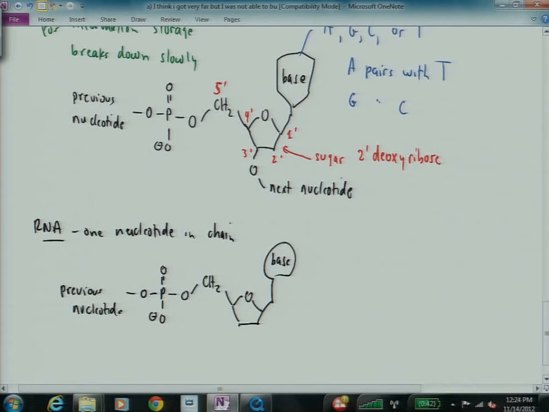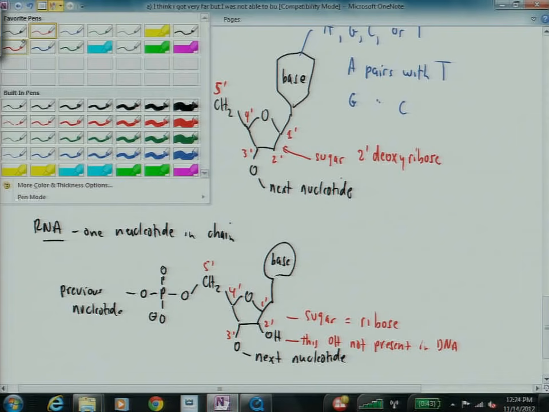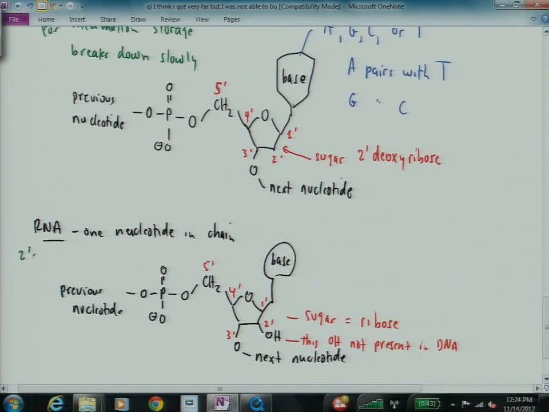It turns out that the 2' OH makes this less stable. Therefore, a temporary working copy.